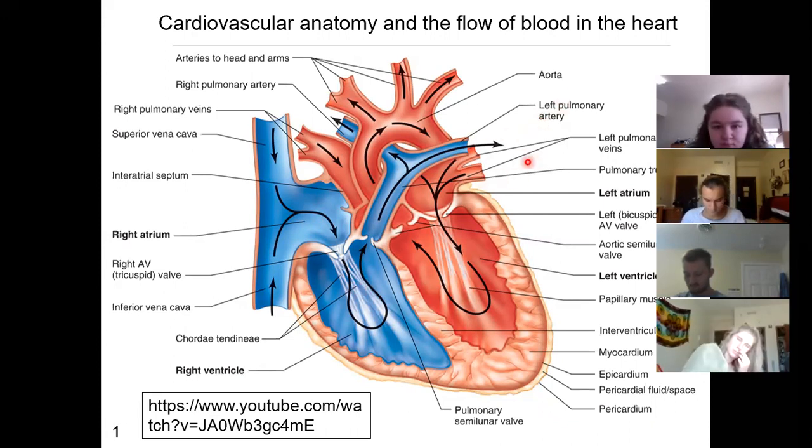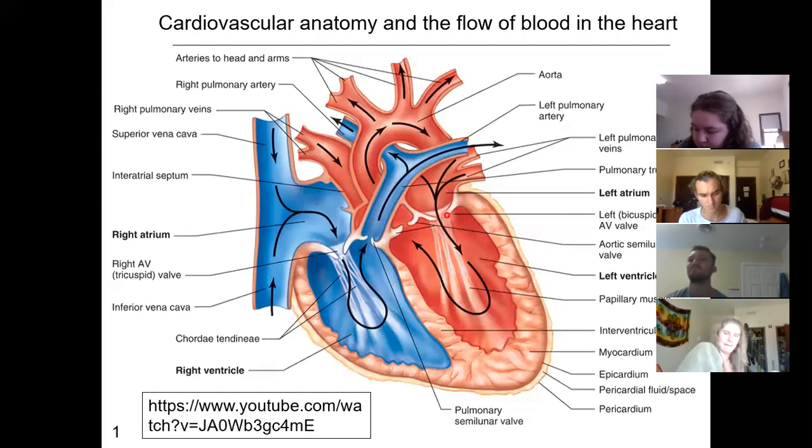Oxygenated blood is returning to the heart from the lungs via the pulmonary veins to the left atrium, and it flows through the bicuspid valve to the left ventricle. So during this period between heartbeats, the heart is refilling on the right side and on the left side.